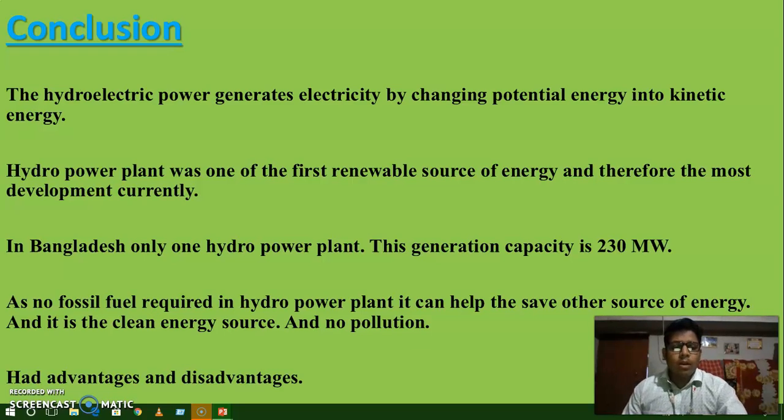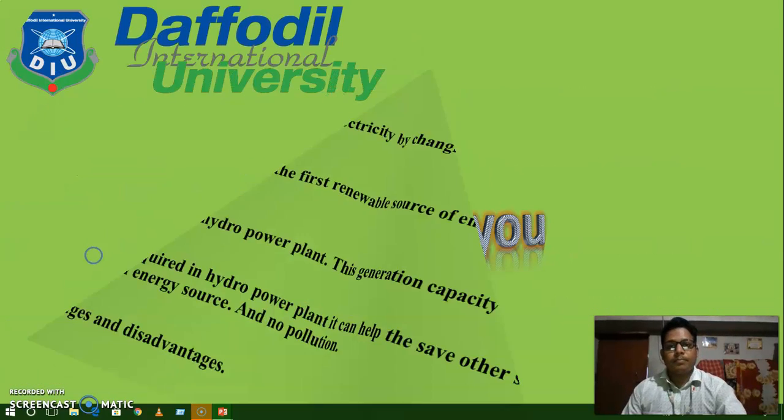In Bangladesh, there is only one hydropower plant, and its generation capacity is 230 megawatts, and it has advantages and disadvantages. No fossil fuel is required in a hydropower plant, and it can help save other sources of energy, and it is a clean energy source with no pollution. And the hydropower plant was one of the first renewable sources of energy, and therefore the most developed currently.